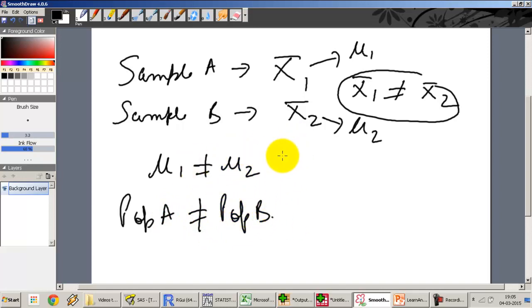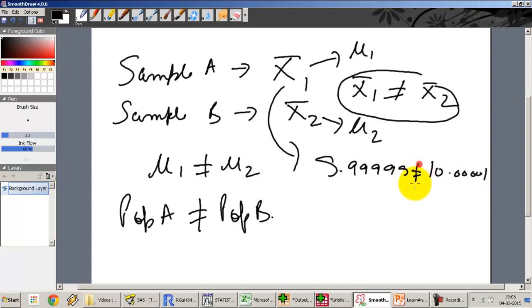Now bear in mind that whenever we extract samples, it's quite unlikely that two samples will ever be equal to each other. So x bar 1 might be, let's say, 9.99999, and x bar 2 might be equal to 10.00001.